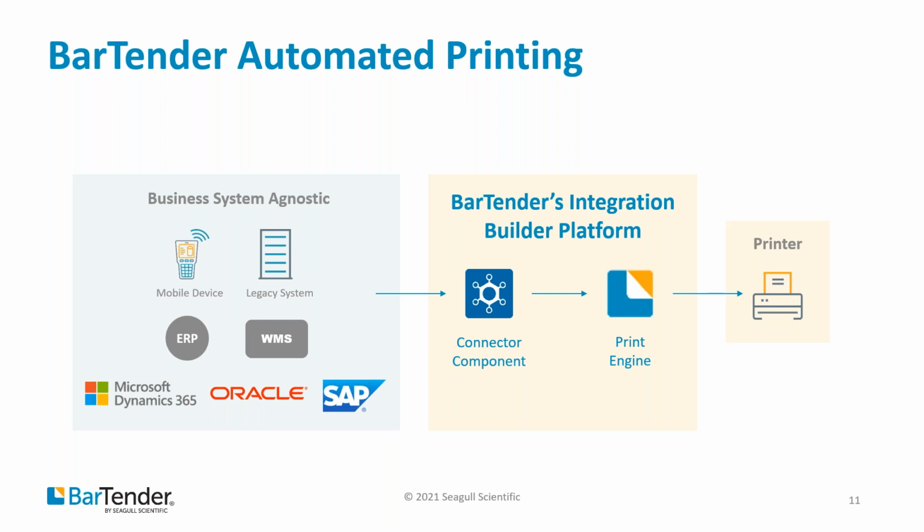One of those methods, a trigger comes in to BarTender, and that trigger then causes BarTender to say, oh, I need to print this label to this printer, and it needs to look like this. And then it sends that information on to the BarTender print engine, which pushes it out to the printer.